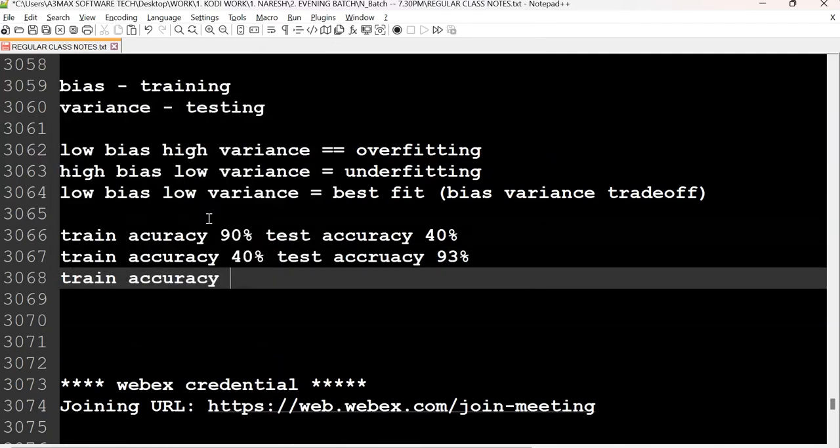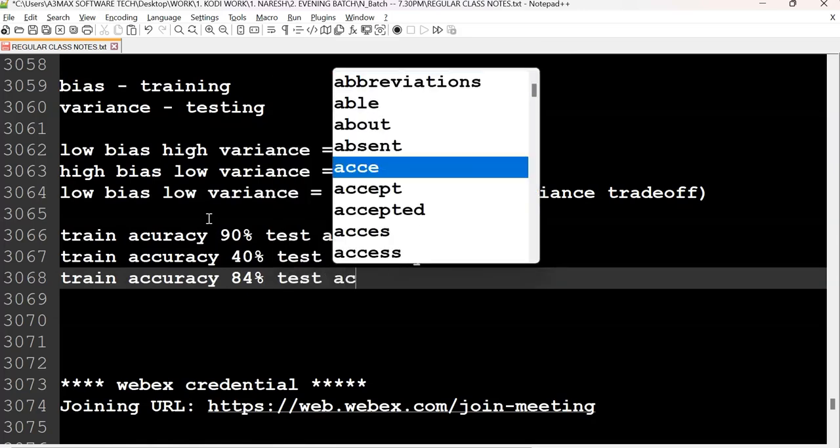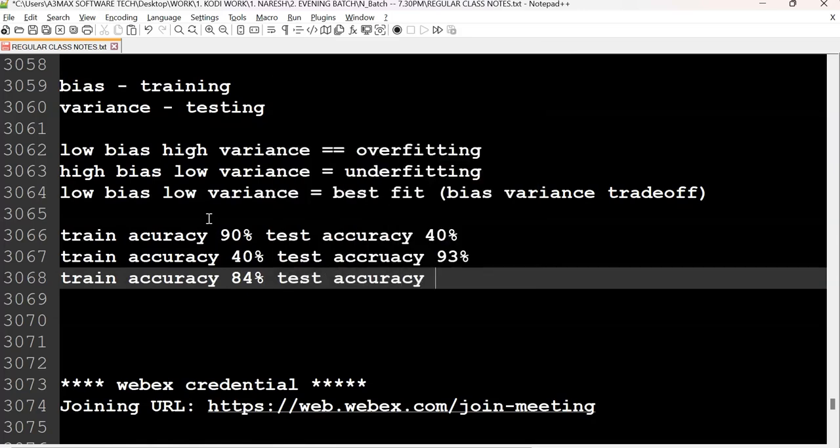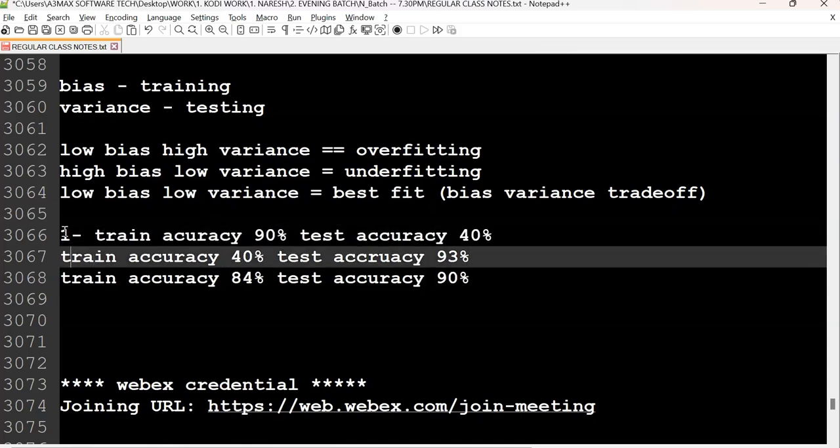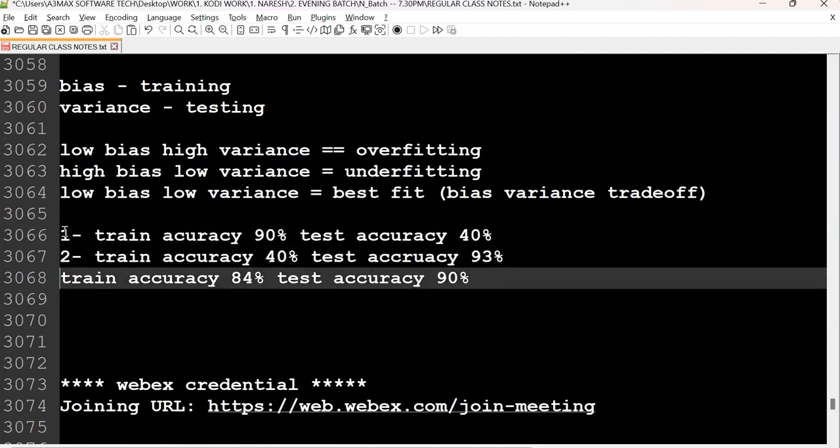Train accuracy 84, and test accuracy 90. I will give 3 points now: first point, second point, third point. Can you tell me, out of the 3 points, which is overfitting, which is underfitting, which is best fit?